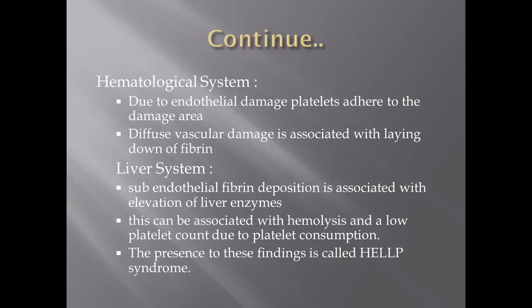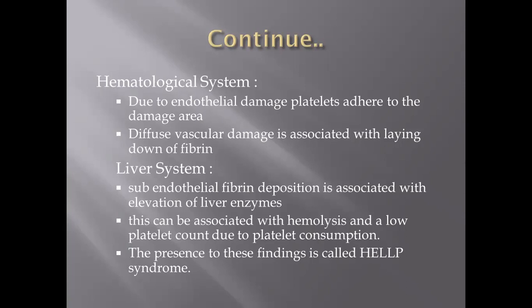Fourth is the changes in the liver. The subendothelial fibrin deposition is associated with elevation of the liver enzymes. This can be associated with hemolysis and a low platelet count due to platelet consumption.